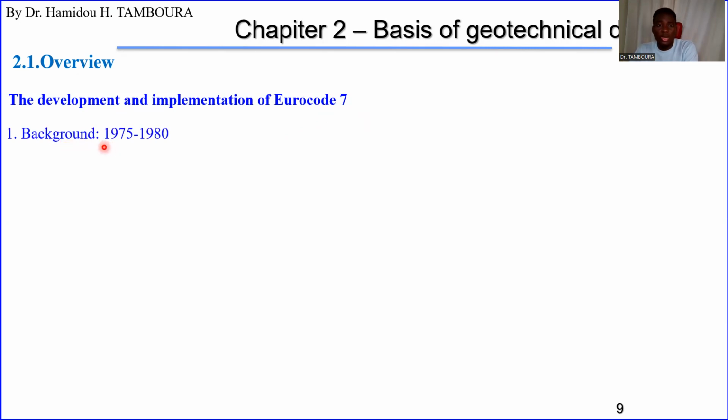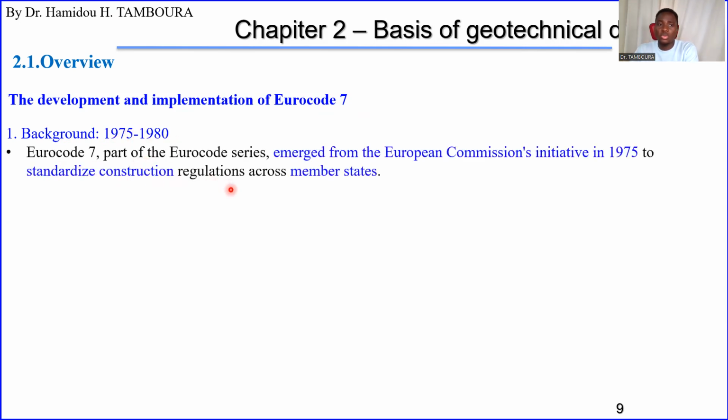The first point, background, from 1975 to 1980. This Eurocode 7, part of the Eurocode series, everything emerged from the European Commission initiative in 1975. They wanted to standardize the construction regulations in all European countries, the member states of the European Commission.